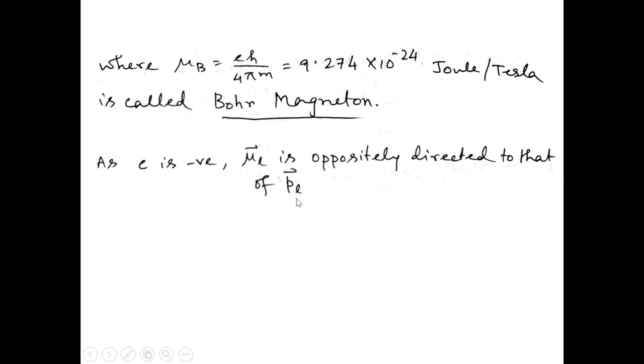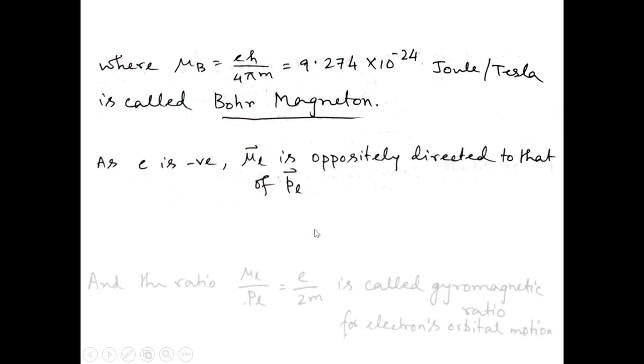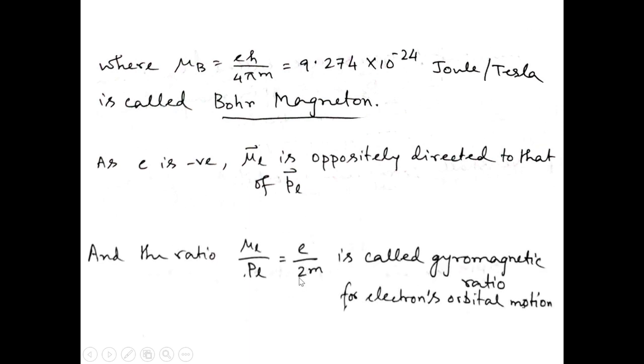And the ratio, a very important ratio, that is the ratio of mu L to PL. If I divide the magnetic moment with the angular momentum, here both are orbital, then the ratio comes as E by twice M. So what we get, that mu L by PL, which is E by twice M, that quantity is known as the gyromagnetic ratio.